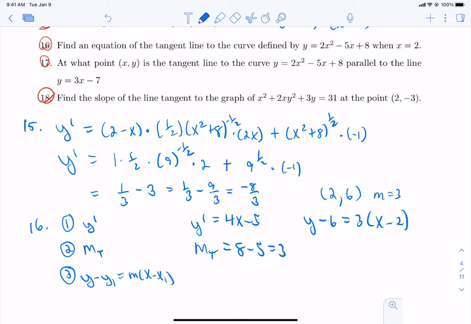So let's distribute the 3 and add 6 to both sides. And so we get y equals 3x. So there is 16. Any questions about 16?